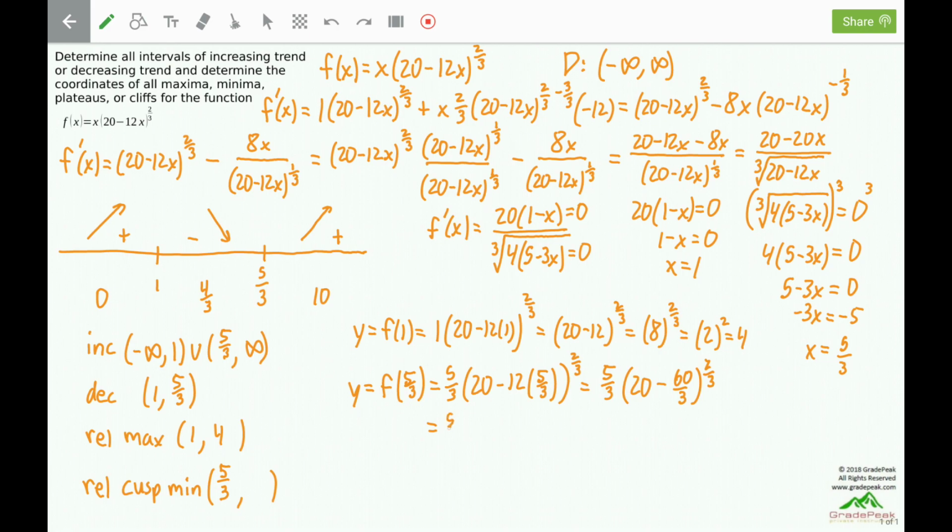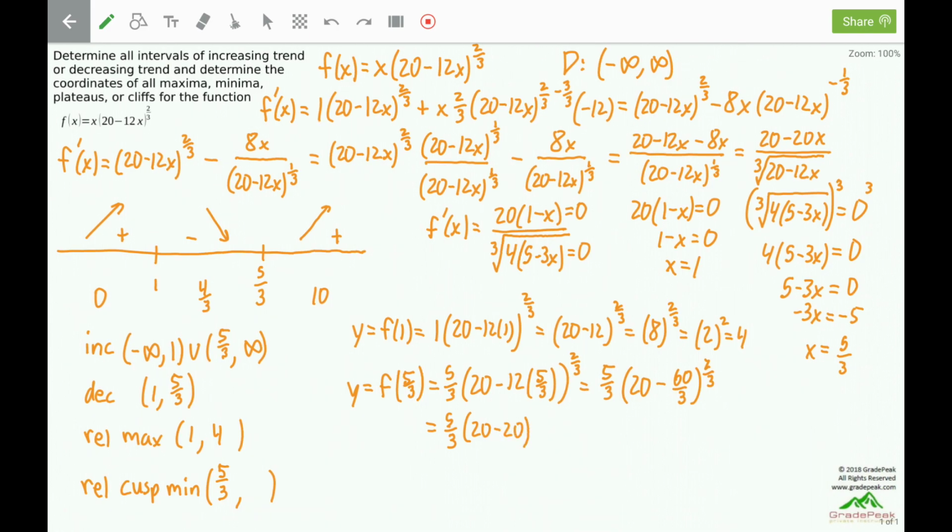So this will equal 5/3 times 20 minus 60 over 3, which is a 20. And 20 minus 20 will be a 0. And 0 raised to any non-zero positive number is 0. Times the 5/3 will be a 0. So we have a corresponding y-coordinate of 0.